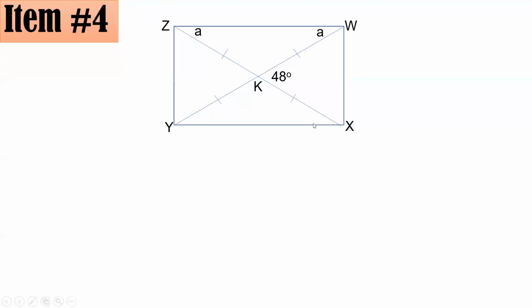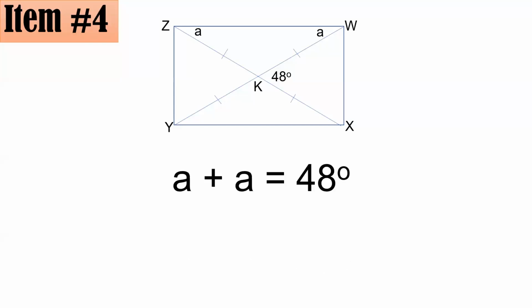That's why ZX has the same length as diagonal YW. And it is also a theorem that the point of intersection of the diagonals of a rectangle divides each of these diagonals into equal parts. So this is equal, equal, equal, equal. In fact, KZ, KW, KX, and KY are all equal with one another.